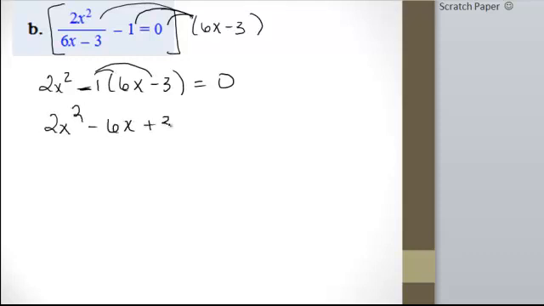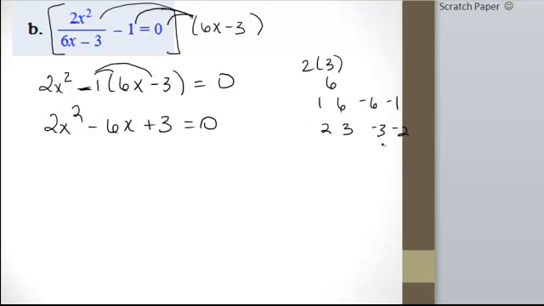Okay? So now what we need to do, since our leading coefficient is 2, we need to do the AC method. 2 times 3 is 6. We need factors of 6. And that could be negative also, right? We need factors of 6 that add up to a negative 6.